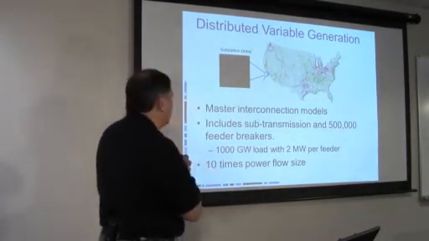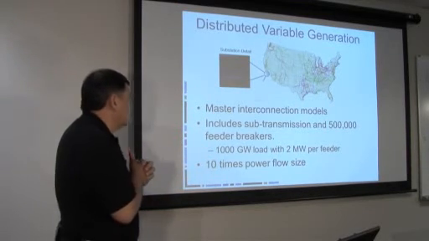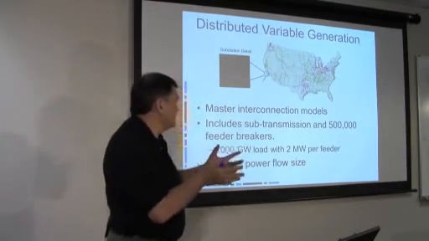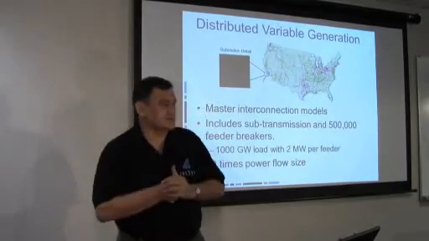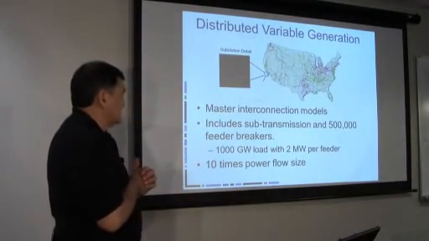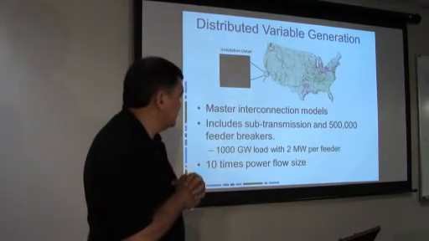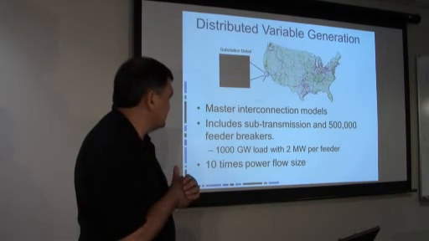So to do a top-level analysis, we take the kilowatts of load, and we say on average a feeder requires about 2 megawatts. Based on this, if it's 2 megawatts per feeder and 3 kilowatts per customer, how many customers are on a feeder?